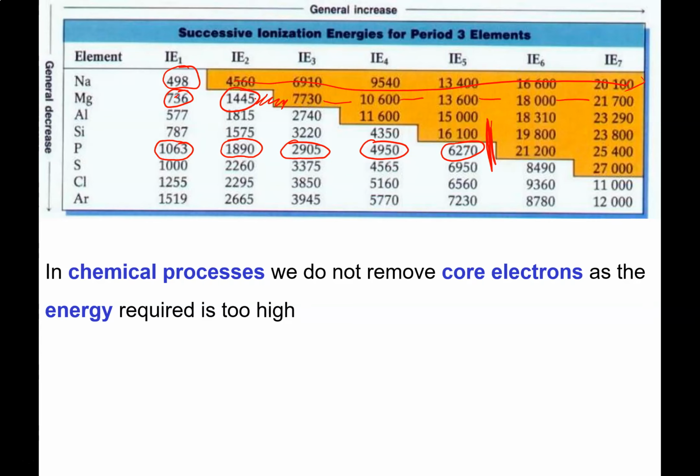So that's how we can tell by looking at ionization energies how many valence electrons an atom has. Now, it's worth noting that in chemical processes, because the energies to remove core electrons are so big, chemical reactions are not capable of removing core electrons. We have to do other things to make that happen.